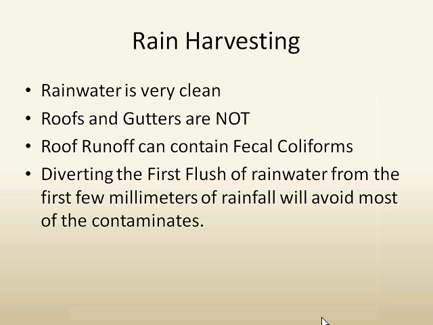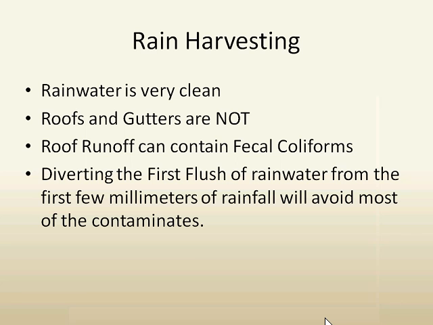However, after that rainfall has come in contact with a roof and gutter, it's no longer clean. There has been some research to show that roof runoff can contain fecal coliforms. It can contain some contaminants, bits of trash that have been blown onto the roof and made it through whatever screen you may have put on your gutters.